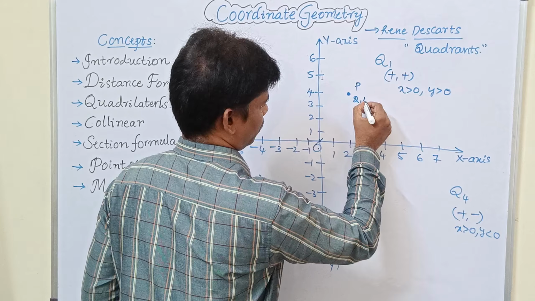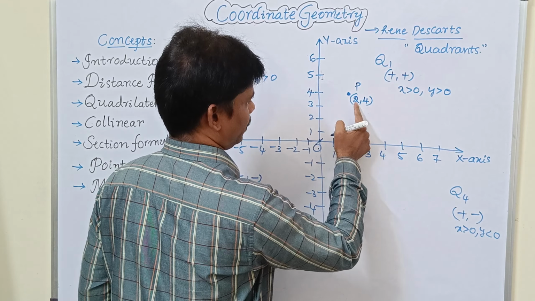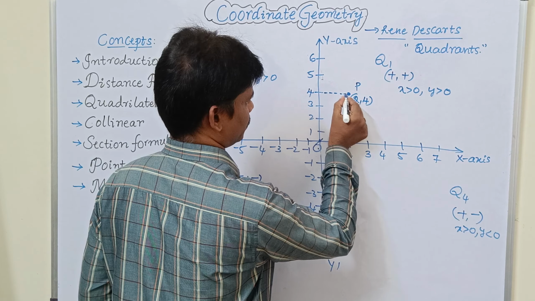So it is 2 comma 4. The x-axis value is 2 units, the y-axis value is 4 units.